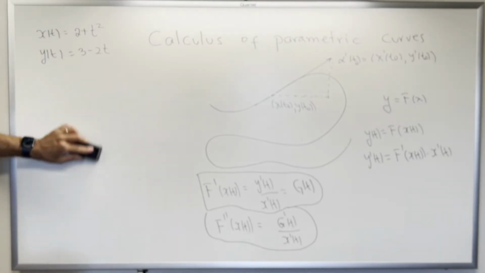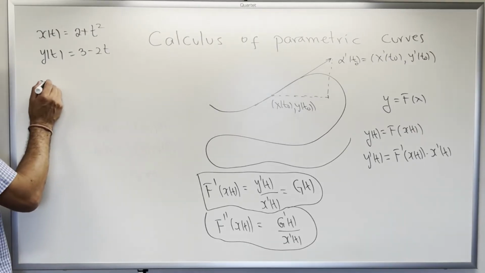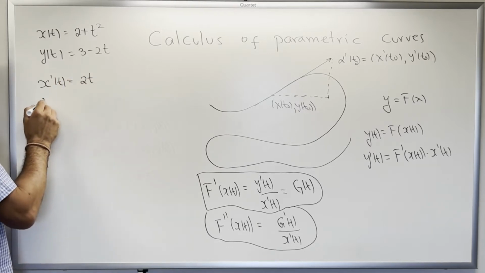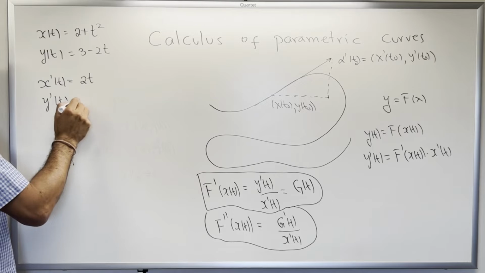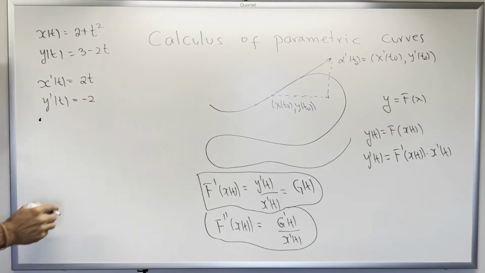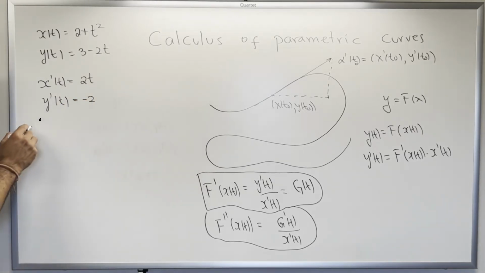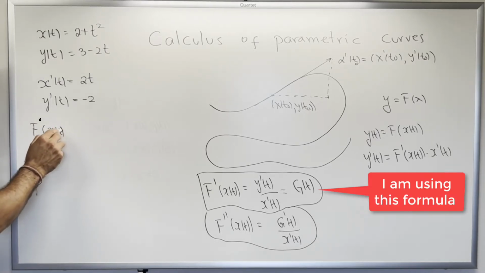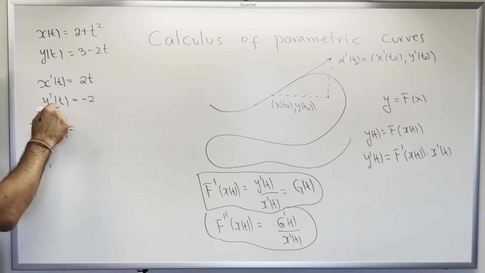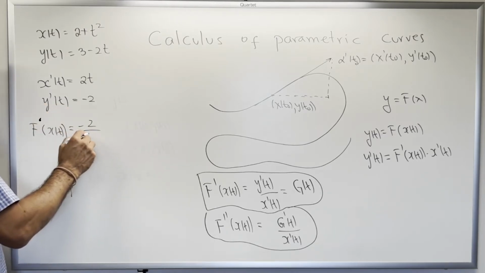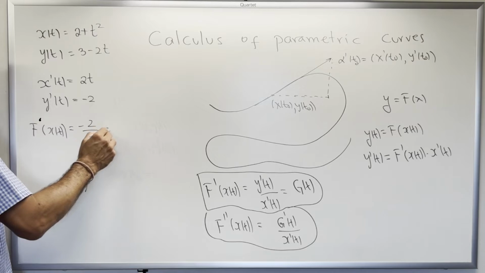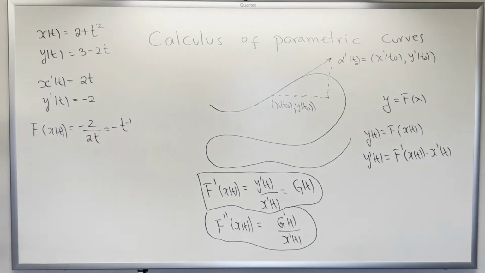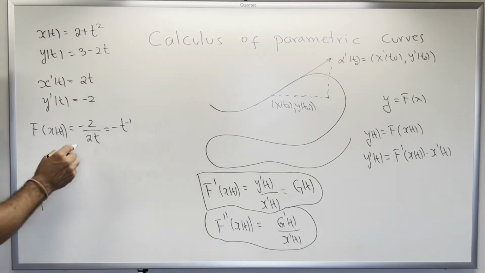In this case, x prime of t is 2t and y prime of t is negative 2. Therefore, f prime at a point x of t is going to be negative 2 over 2t, which is just negative t to the negative 1.